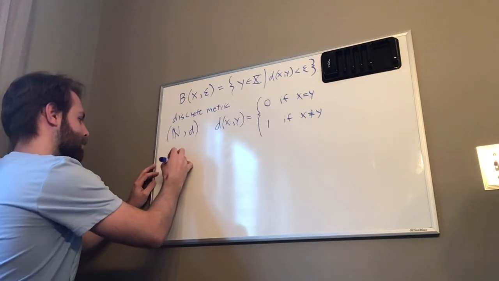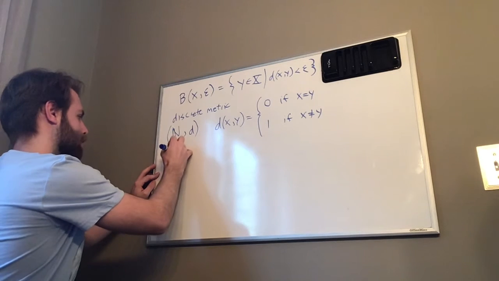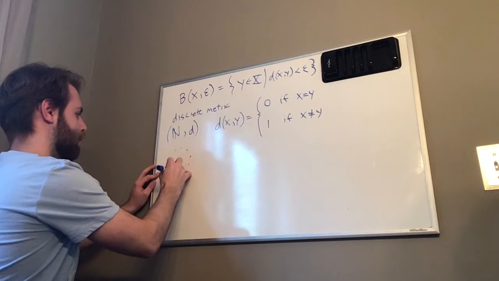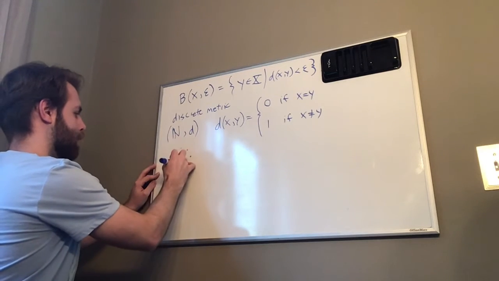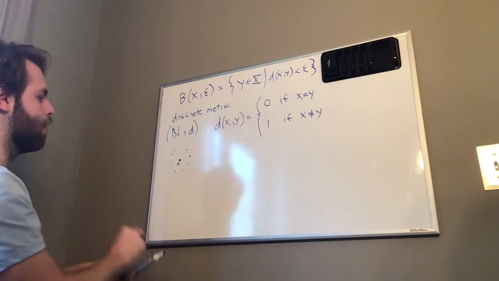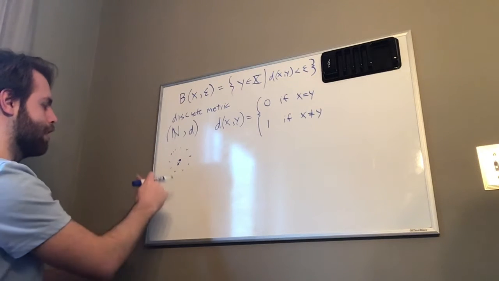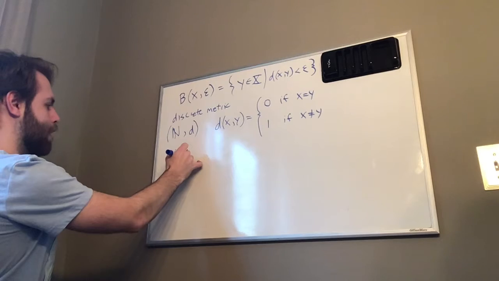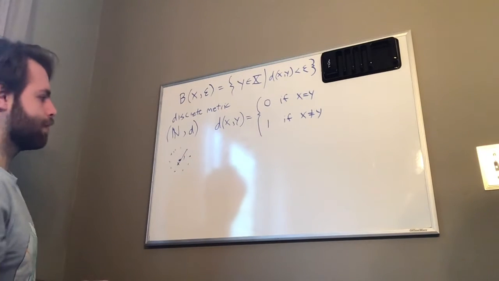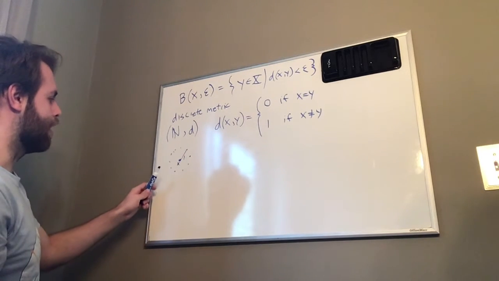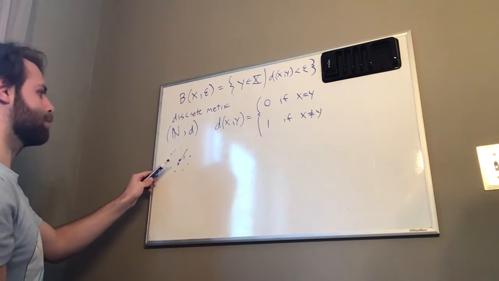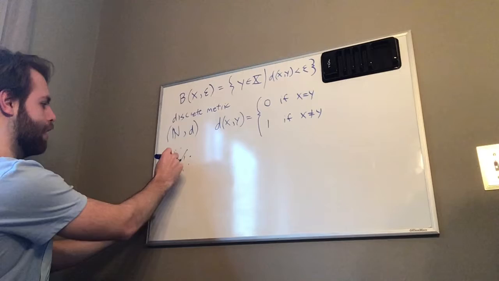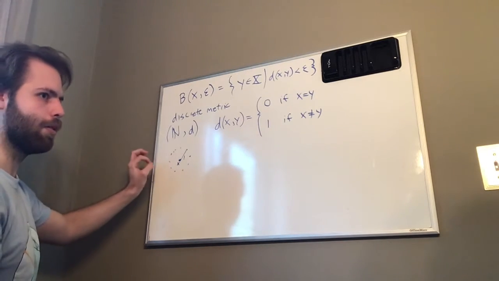What I like to think is going on here is that I have some point x, and all the other points in the natural numbers are circled around it, and they all have radius 1. The distance between x and x, because x is equal to x, is 0, which makes sense in my picture because they're coinciding.